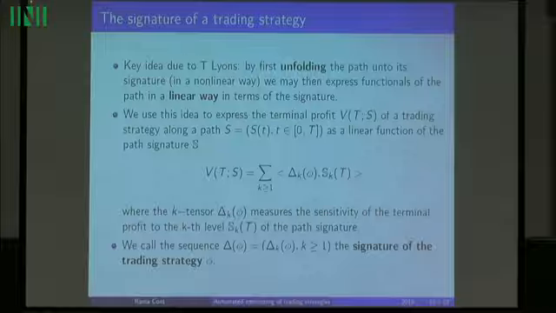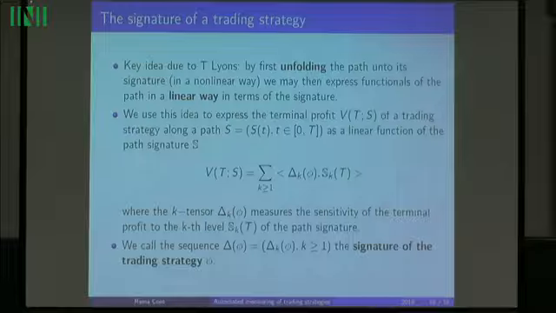Here you can think of it in a similar way, but instead of looking at one point, we're looking at the entire path. So quantities that depend on the entire path can now be expressed as linear functionals of the elements of the signature.